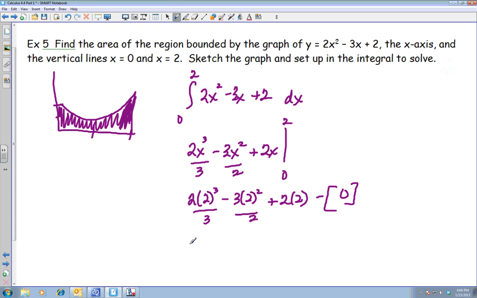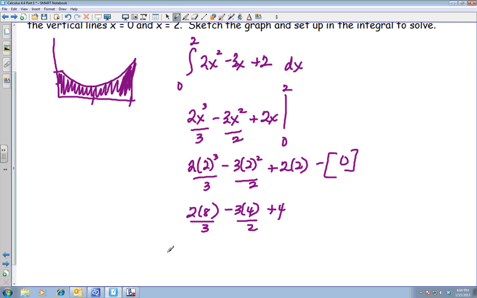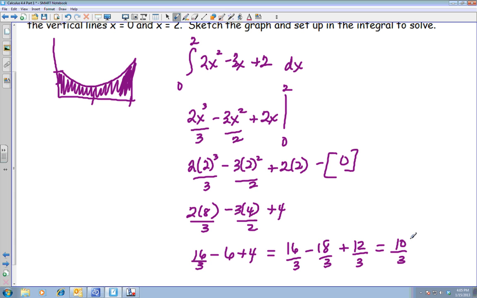So now we're going to simplify. 2 times 8 over 3 minus 3 times 4 over 2 plus 4. So this is 16 over 3 minus 12 over 2, which is 6, plus 4. If I find a common denominator, 16 over 3 minus 18 over 3 plus 12 over 3, 10 over 3. That's the area under that curve.